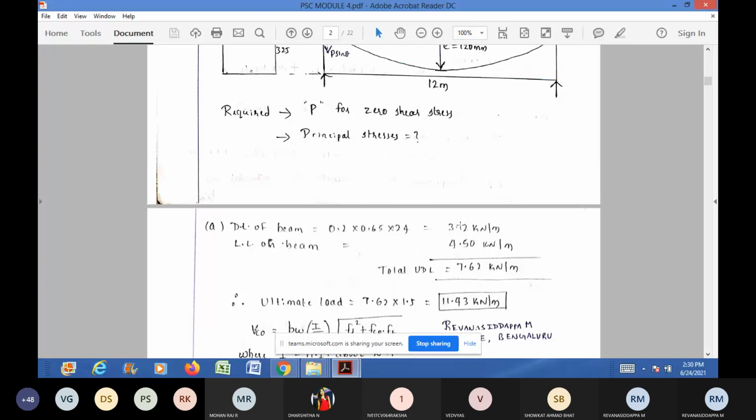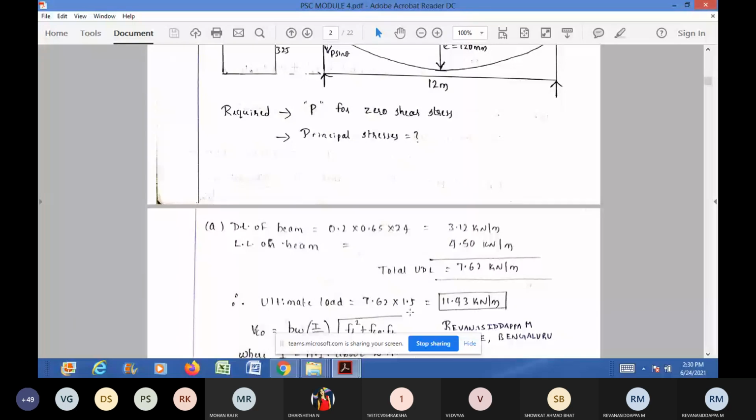Total load is 7.62 kilonewton per meter. For that, you do the factorization, that is, ultimate load, multiply by 1.5. So when you calculate the ultimate load, the answer is 11.43 kilonewton per meter.